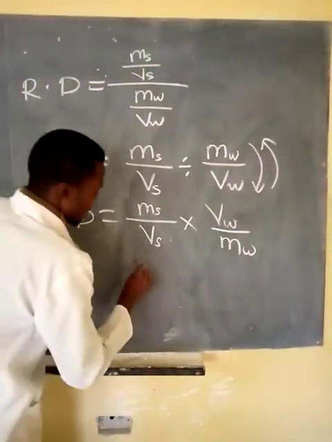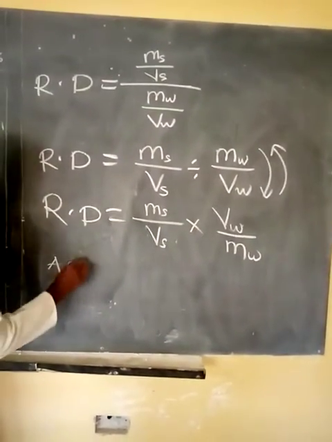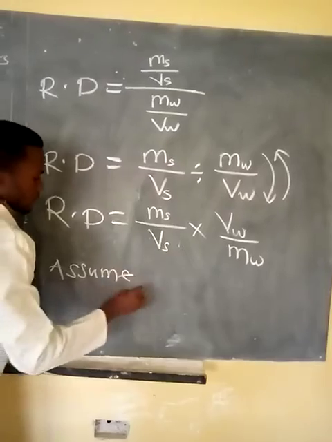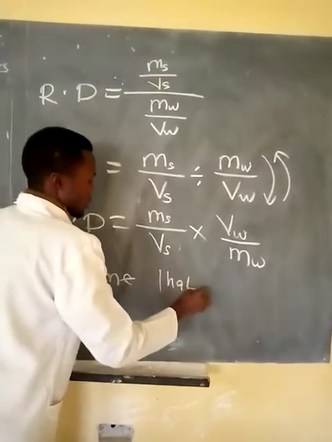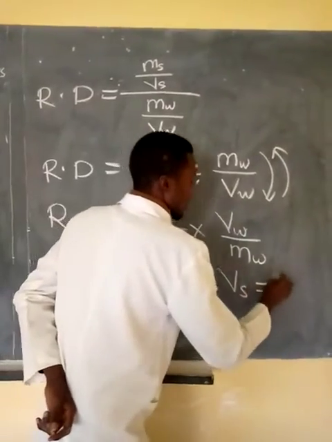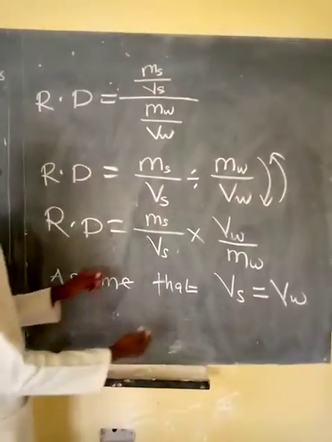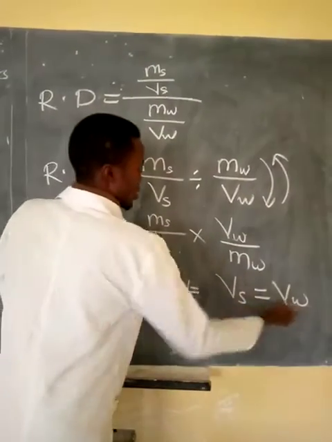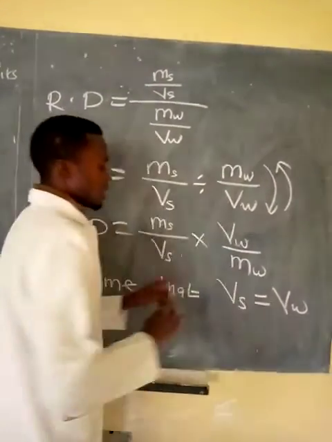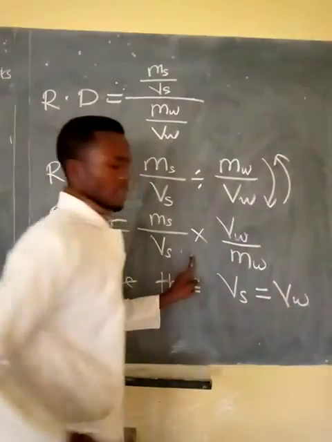So assume that Vs is equal to Vw. Meaning that they've got equal volume.